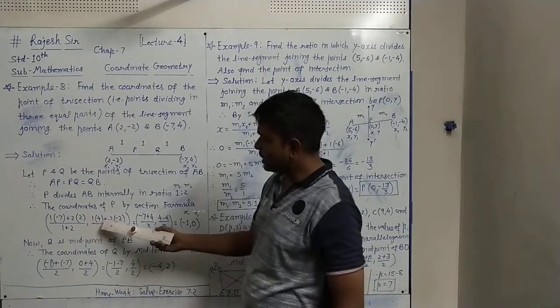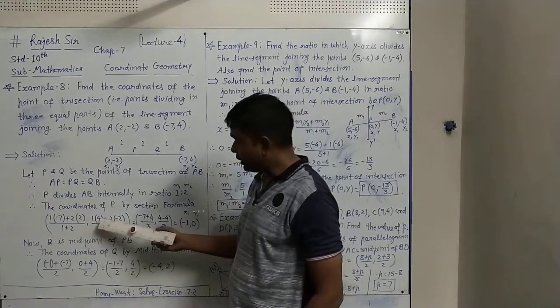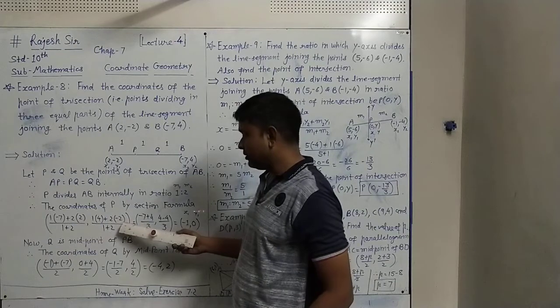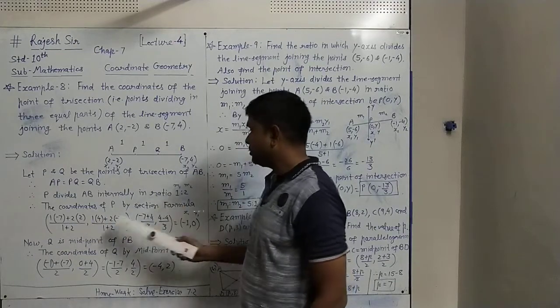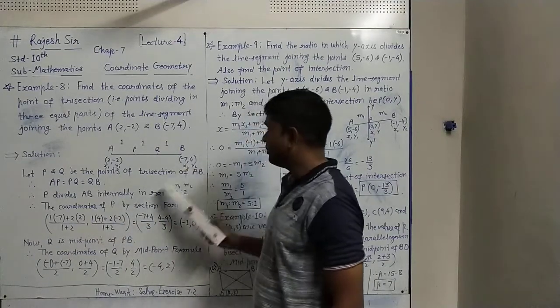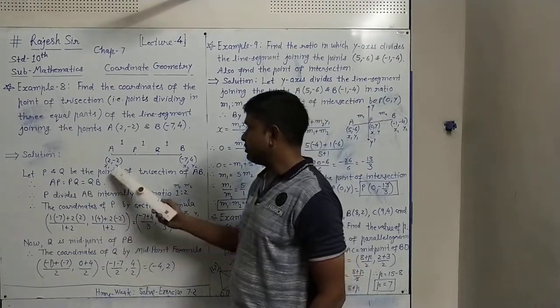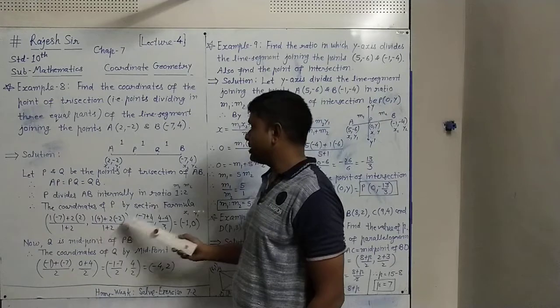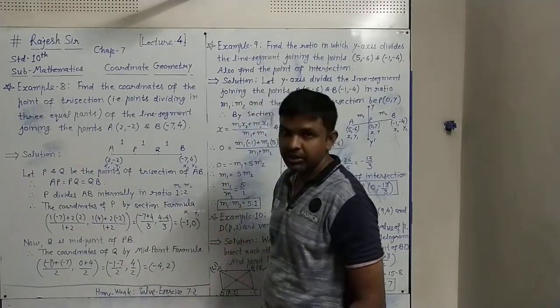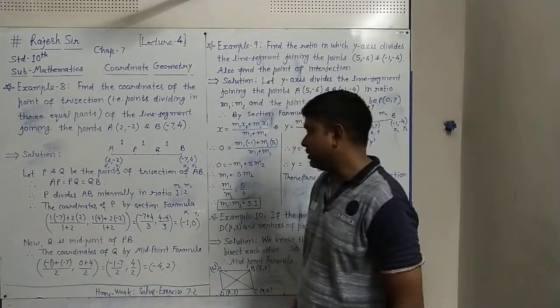Then m1 y2 plus m2 y1: m1 is 1, y2 is 4, plus m2 is 2 and y1 is -2, upon m1 plus m2, 1 plus 2, placing in the section formula.